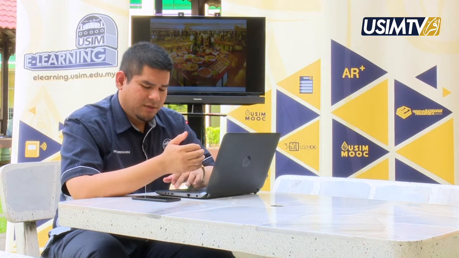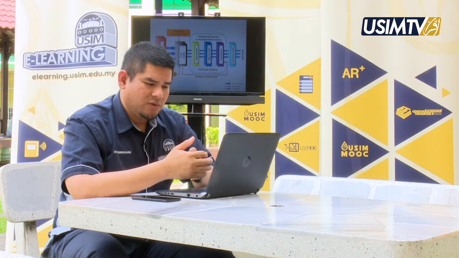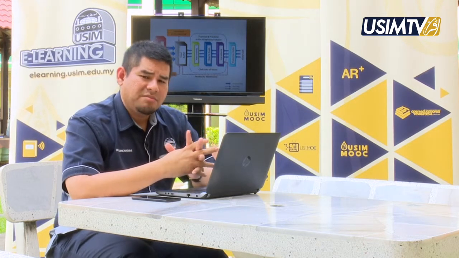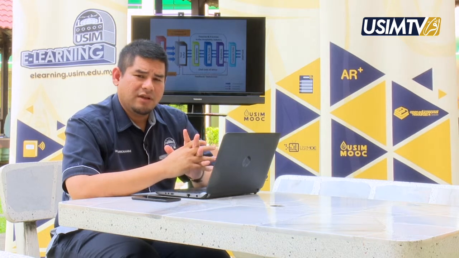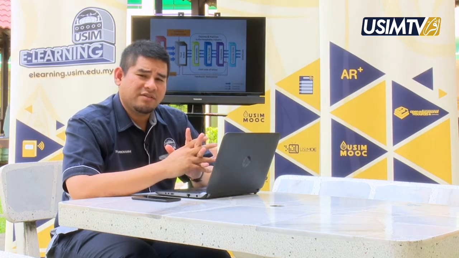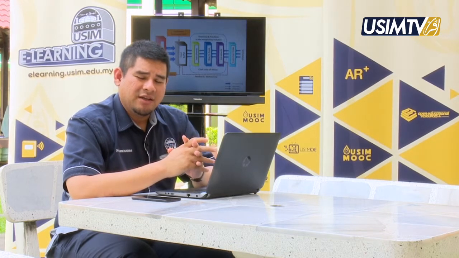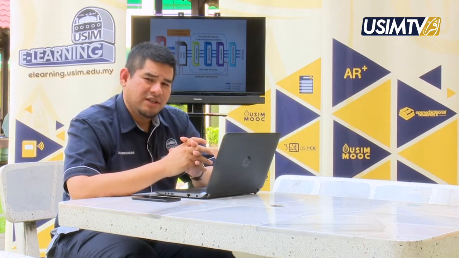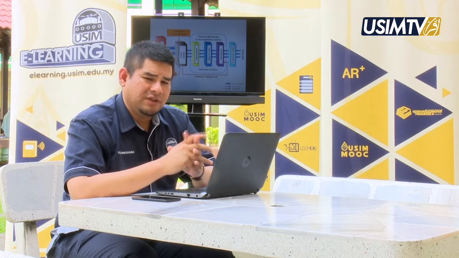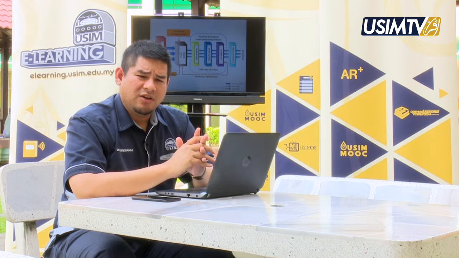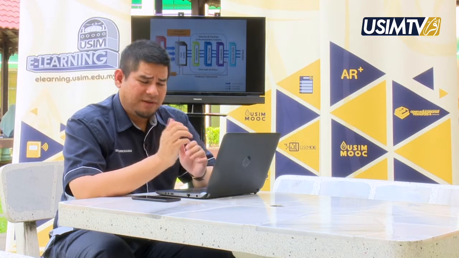So maybe we don't need 160 dishes to make our friend happy. If we have 3 or 4 dishes, it will be enough if the dishes really suit the requirements or the preferences of the friend.